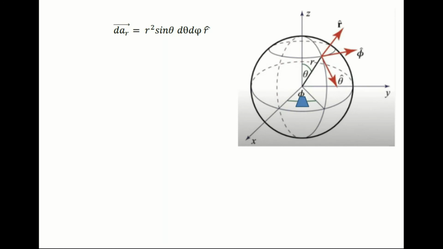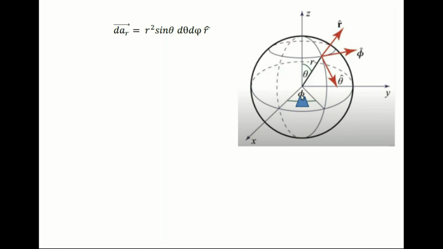Consider this figure. Consider this circular plate. Look at the blue patch of area. Theta, which is the angle from the z axis, will be constant for all the points on this plane.